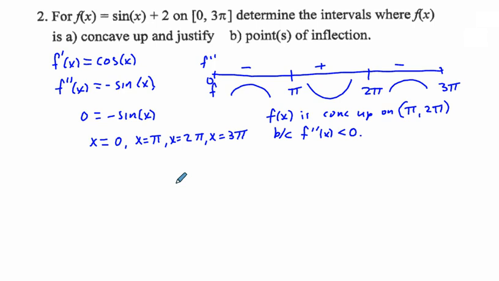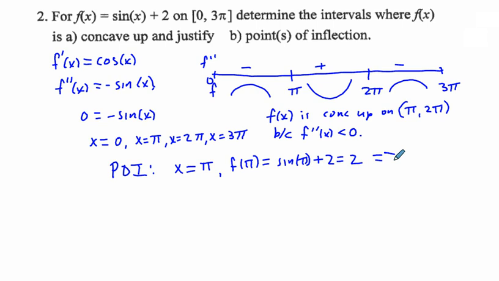So for points of inflection, we have x equals pi, and if we plug in for sine x plus 2, f of pi is equal to sine pi, which is 0, plus 2, is equal to 2. And so our point of inflection is going to be the coordinate pair pi, comma 2.